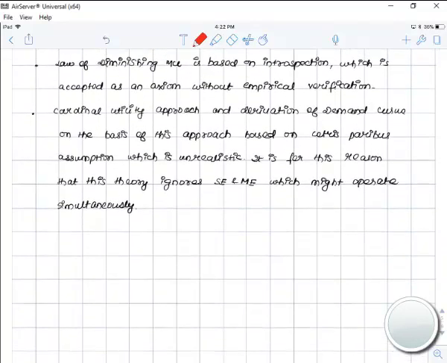The other criticism is that the cardinal utility approach, and the derivation of the demand curve on the basis of this cardinal approach, is based on the ceteris paribus assumption. Right? You assume everything else is the same. That in itself is wrong. How can everything else be the same? I mean, in real life, do you really think when price increases, demand falls?